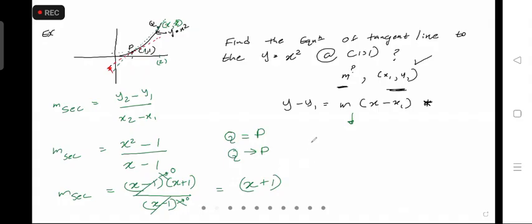The thing is, m secant is the best approximation for the m tangent line. Why? Because we bring Q really close to P.